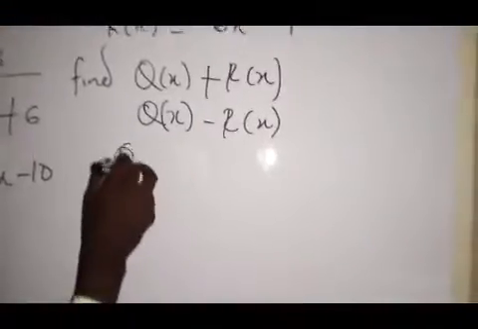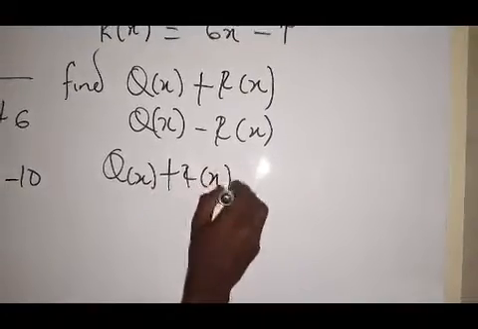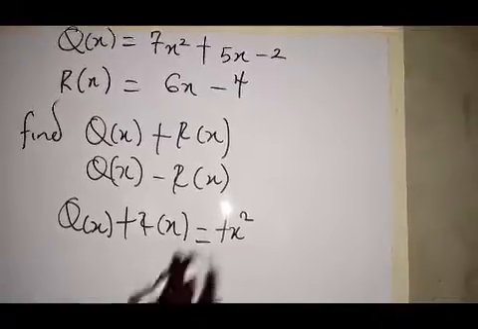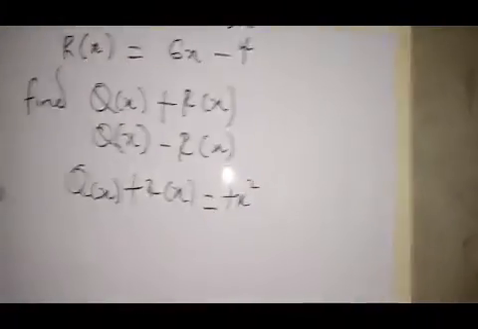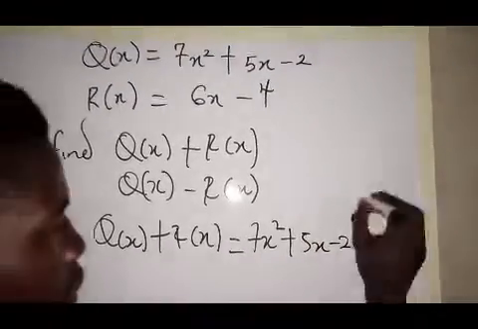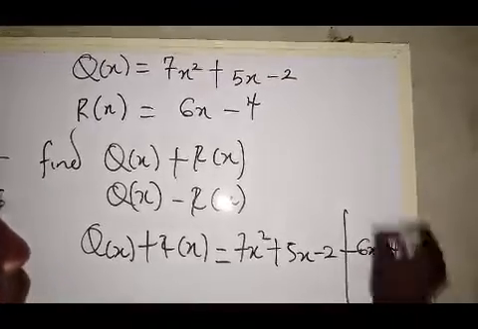The first one, q of x plus r of x, will give you 7x squared plus 5x minus 2 plus, what is the r of x? The r of x was 6x minus 4.